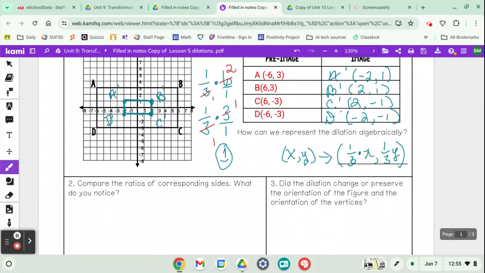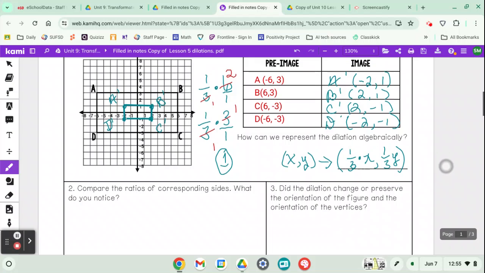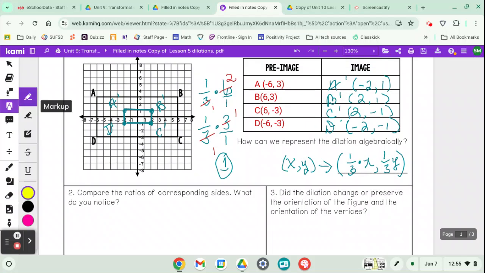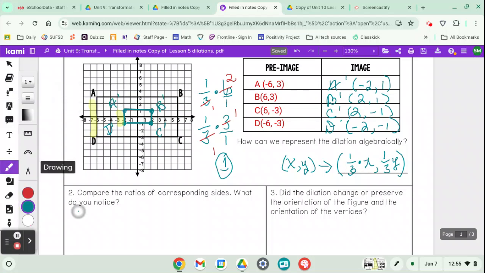Now it asks us in exercise 2 to compare the ratios of the corresponding sides. And what do you notice? So the first thing we're going to do is take a look at our new figure over our old figure. New over old.